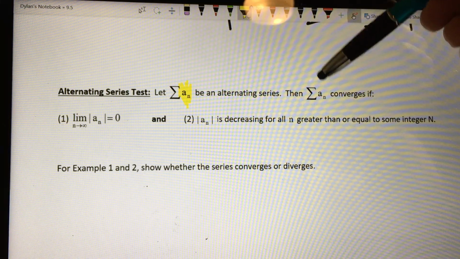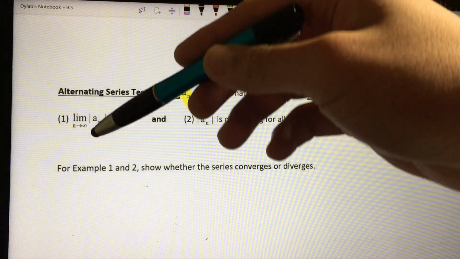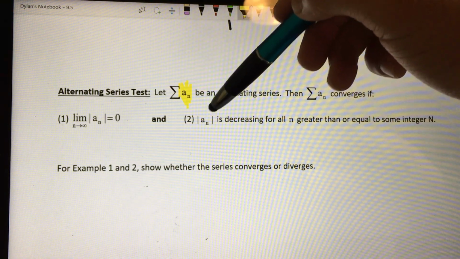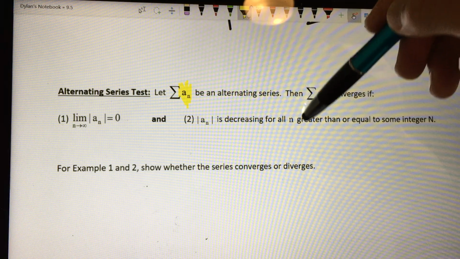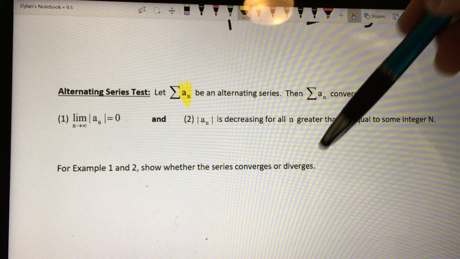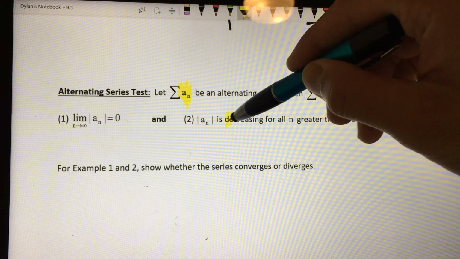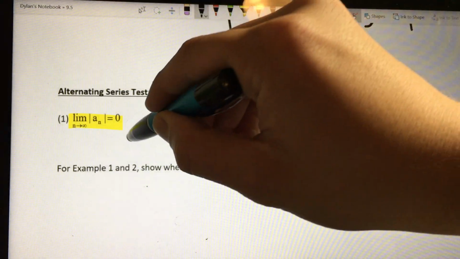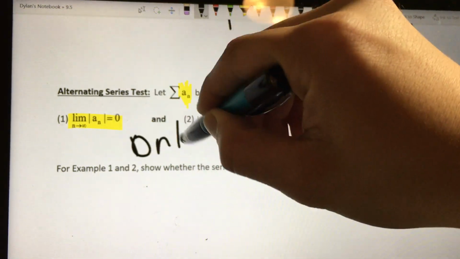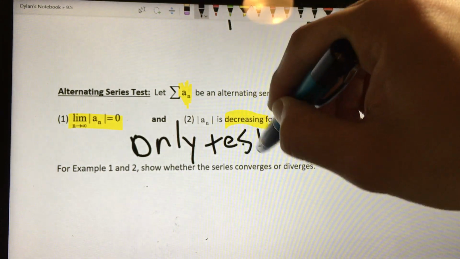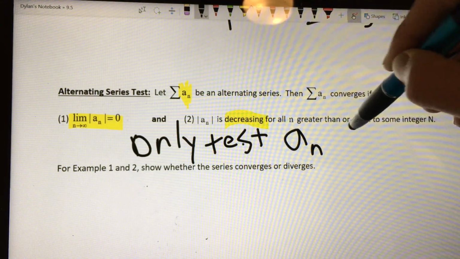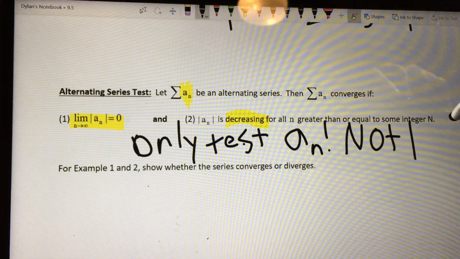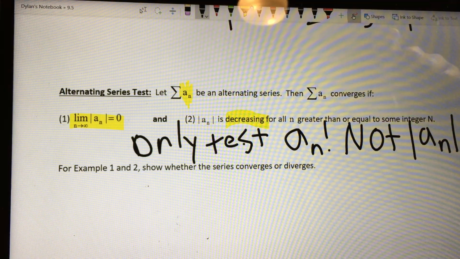The series of a sub n converges if the limit as n approaches infinity of a sub n equals 0, and the absolute value of a sub n is decreasing for all n greater than or equal to some integer N. So basically, it needs to be decreasing. Again, this only tests a sub n, not the absolute value of a sub n.